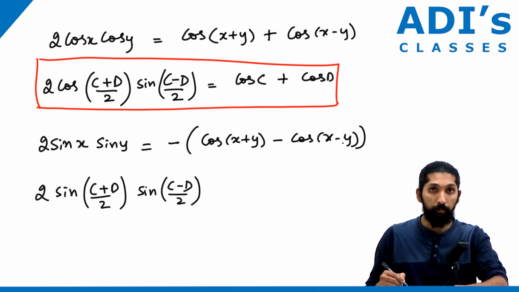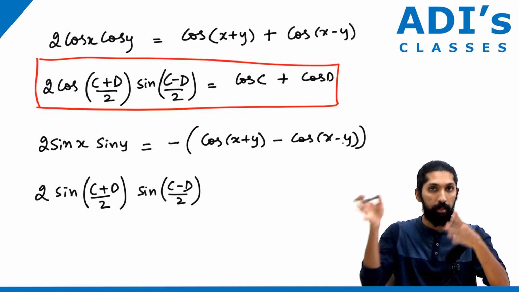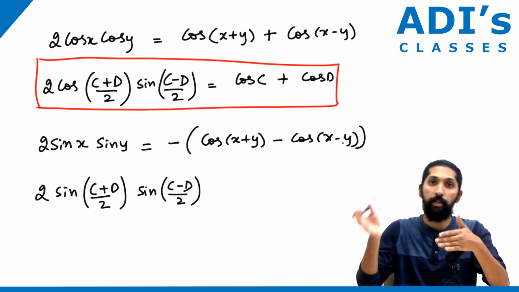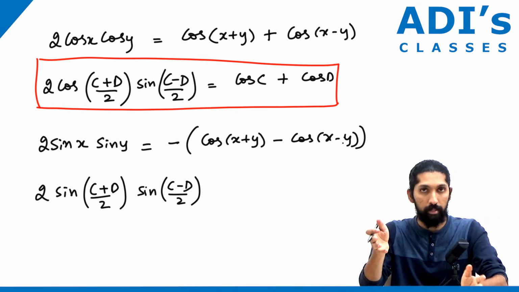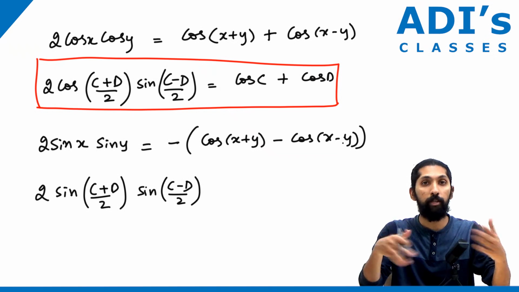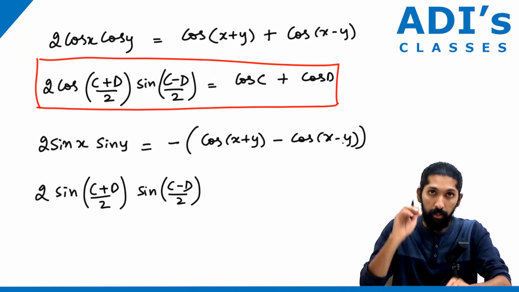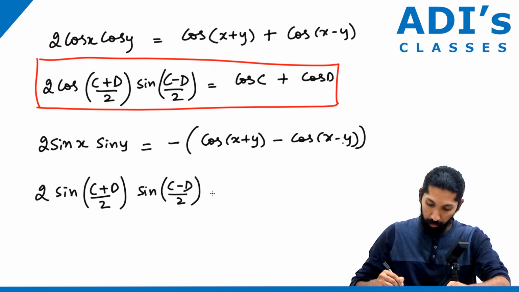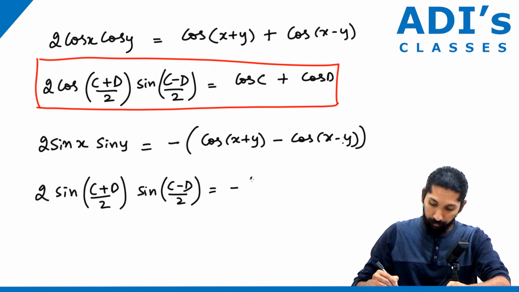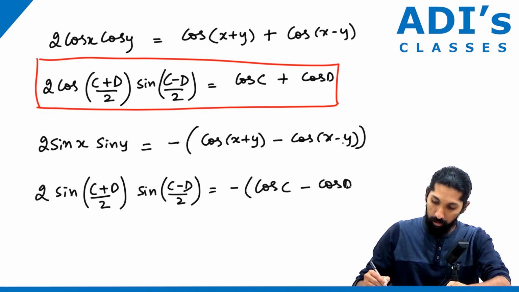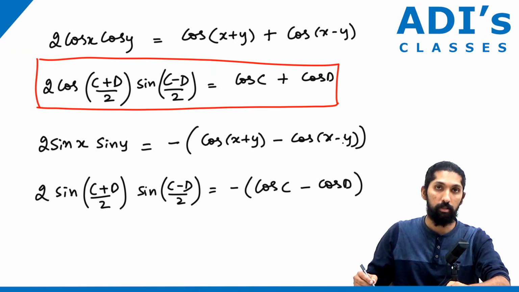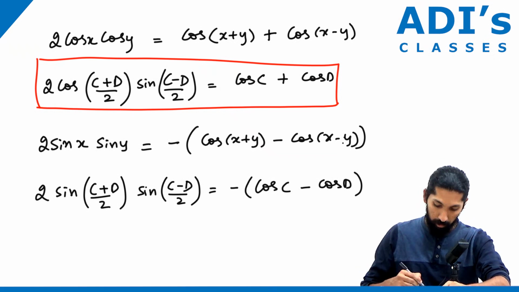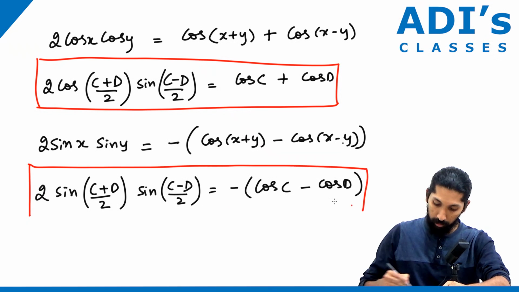We have the negative sign on the RHS, so take the negative sign to the LHS, or you can keep it as it is. It's the same formula, just different ways of representing. This will be equal to minus of cos C minus cos D, or you can also write this as cos D minus cos C. Anything is okay. This is one more transformation formula.